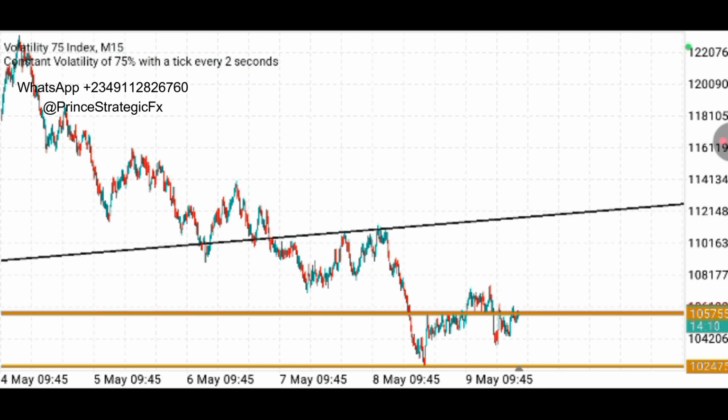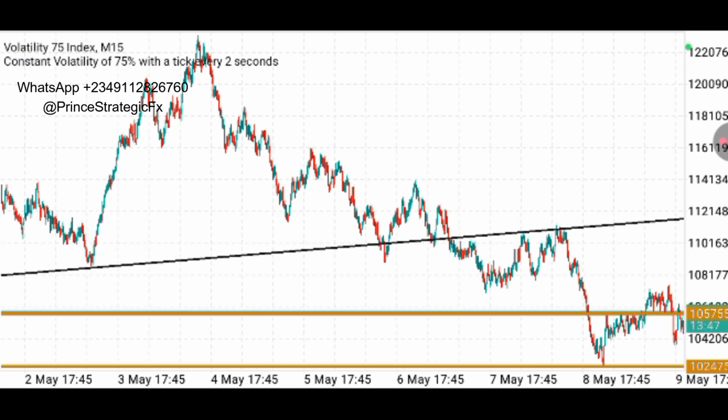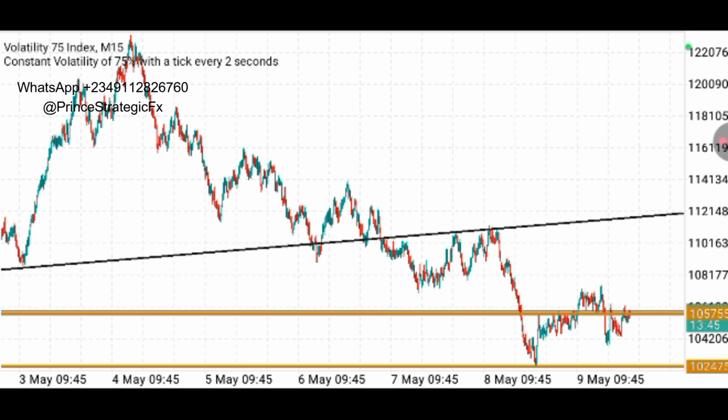Then from the lower time frames, I start looking from 30 minutes, 15 minutes, all the way down to 1 minute. I categorize all these ones as lower time frames. This is exactly what we're seeing inside the 15 minutes time frame.